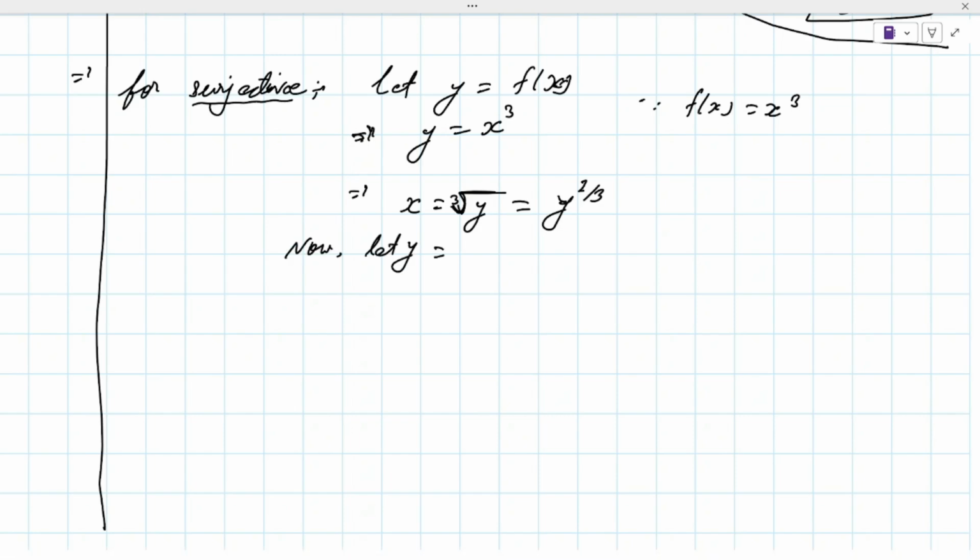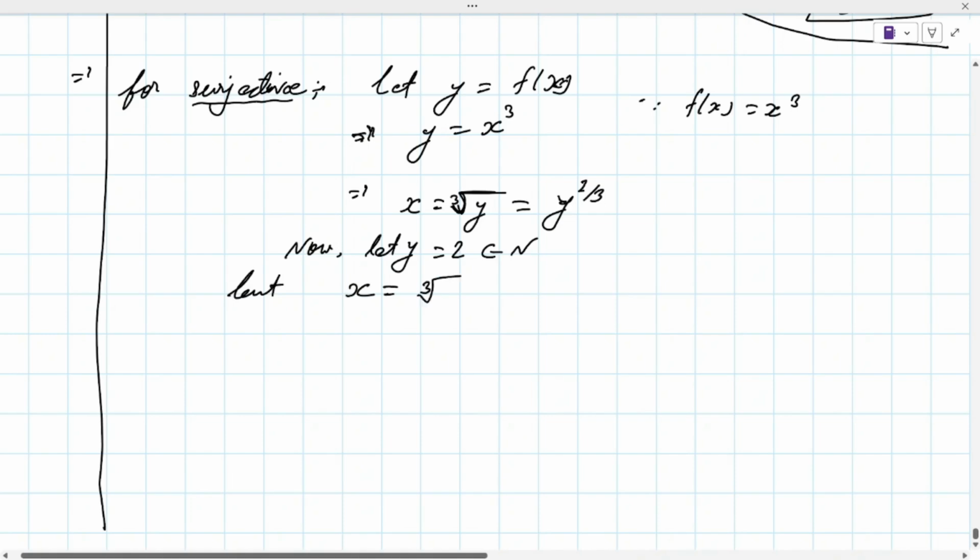Now let y equal to 2, which belongs to N, which belongs to our set, right? Then x will be cube root of 2, that is 2 to the power 1 by 3, which doesn't belong to N, right?